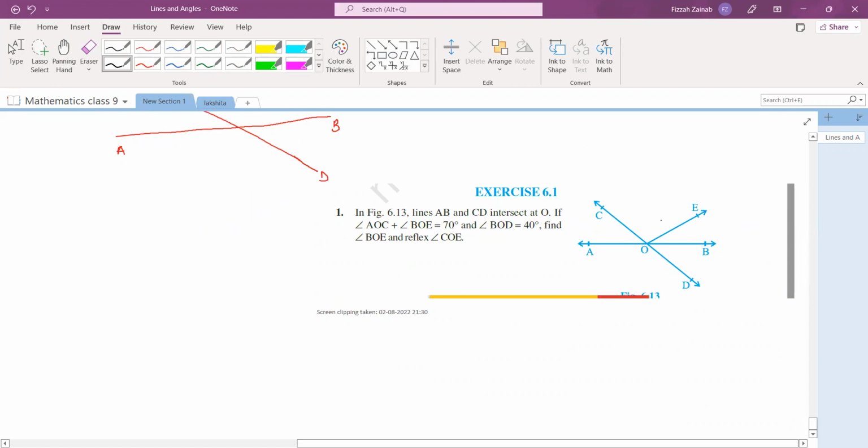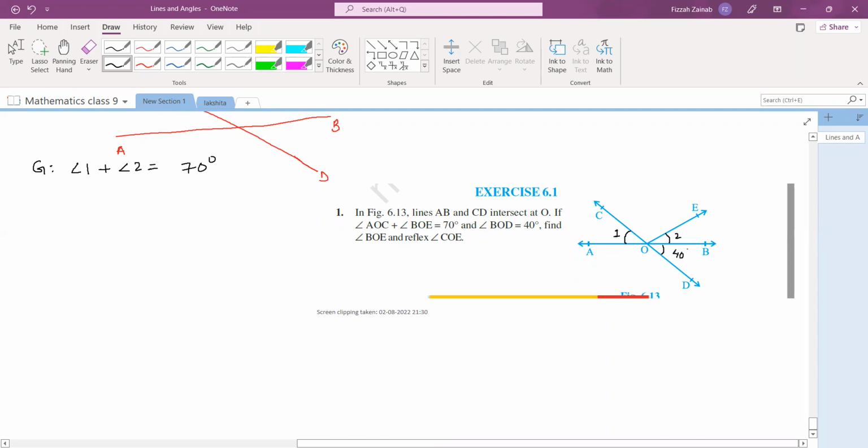If angle AOC, that means this angle, if I call it 1, plus angle BOE, that means this one, if I call it 2, is 70 degrees. So what is given here? It is given that angle 1 plus angle 2 is equal to 70 degrees, right? And angle BOD is 40 degrees. Now where is BOD?